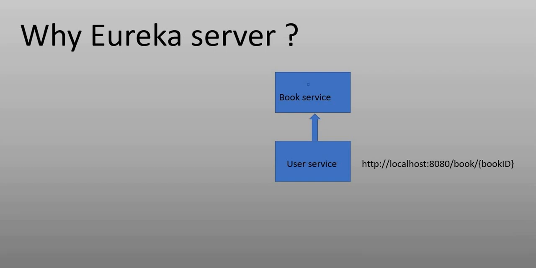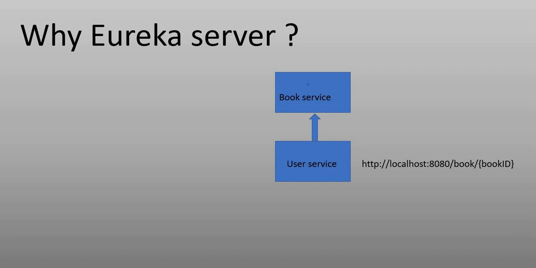So we identify the demanding services and we auto scale them. Correct? So having a hard coded IP is never a solution. So that's where the Eureka server came into picture.